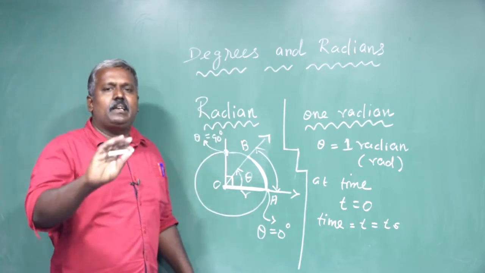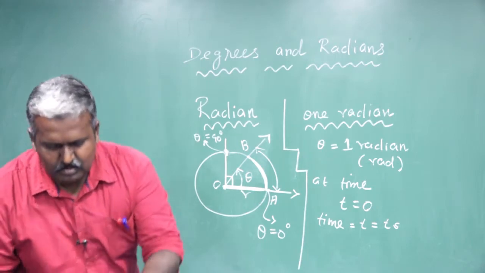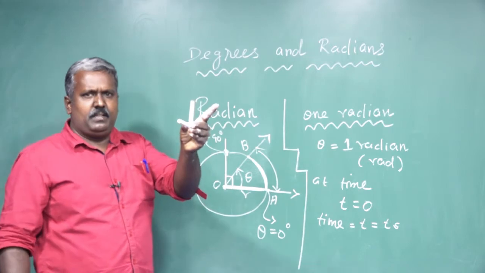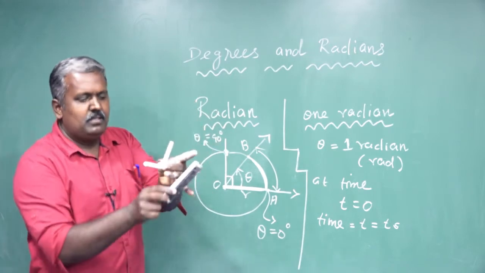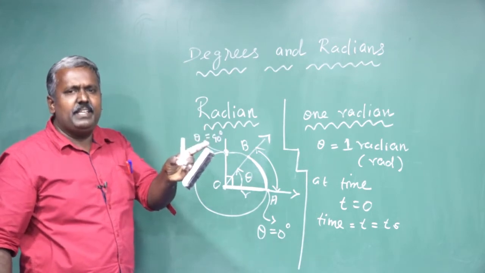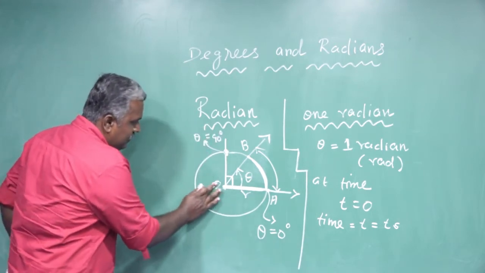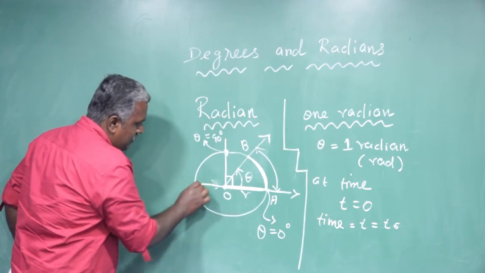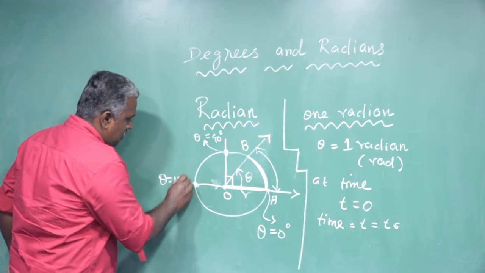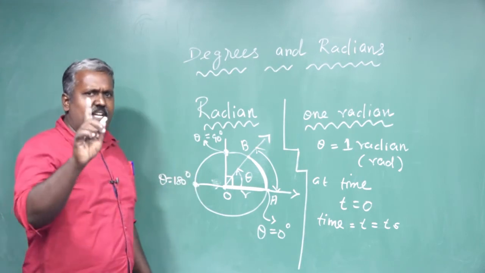That is called a right angle. Like this. I am correct or not? Right angle. It is equal to 90 degree. Then, when it reaches this point, theta is equal to 180 degree.